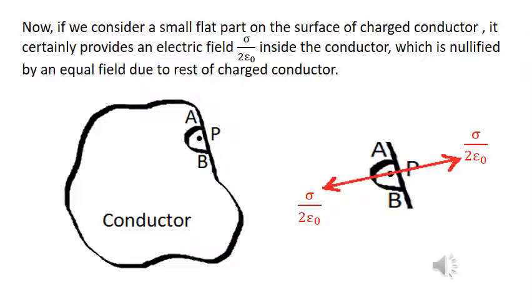We can write the electric field at point P due to flat surface AB and due to the rest of the conductor as sigma by 2 epsilon naught for both, but the direction will be opposite because we know that the electric field intensity inside the conductor is 0. So these two will nullify each other.